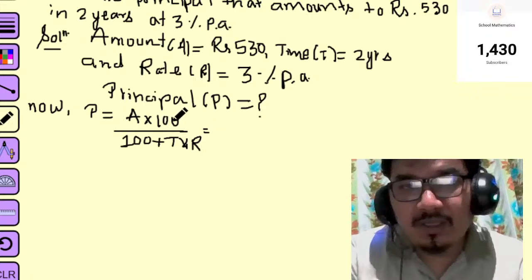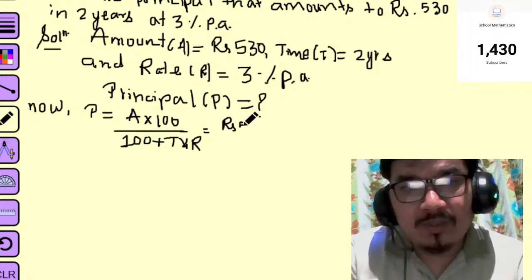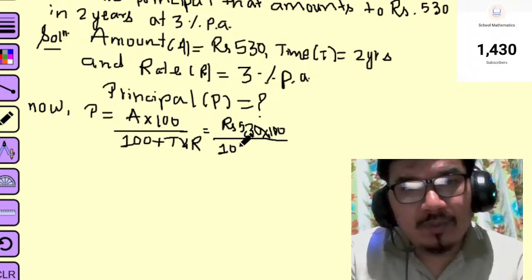A is given as rupees 530, so 530 into 100, and down there will be 100 plus, time is given 2 years, then rate is given 3.